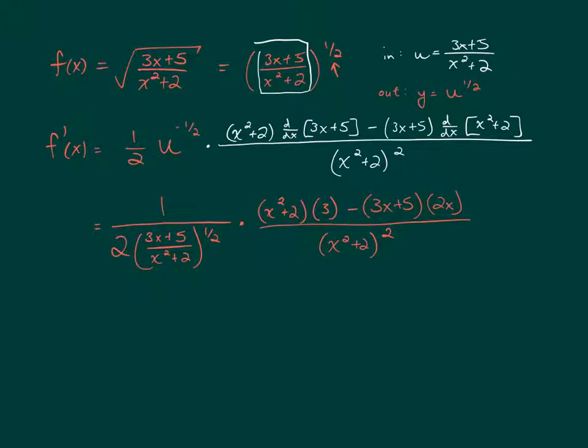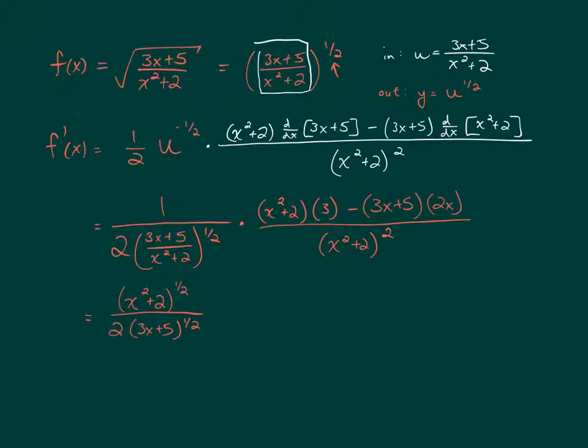The other thing that we need to do is multiply by the reciprocal of this fraction, right? We don't want fractions within fractions. So this fraction can be rewritten as x squared plus 2 to the 1/2 over 2 times 3x plus 5 to the 1/2 power.